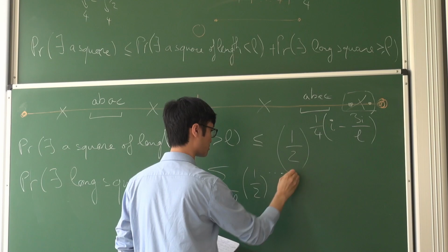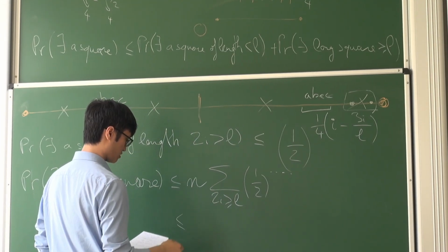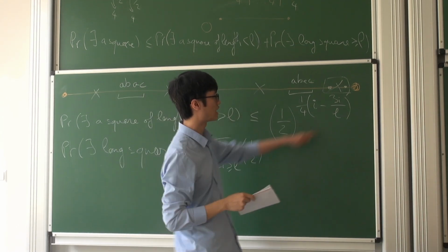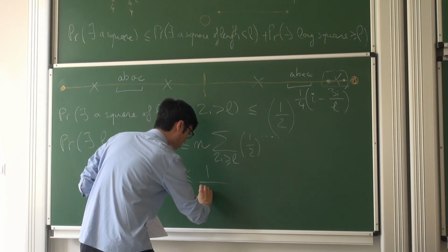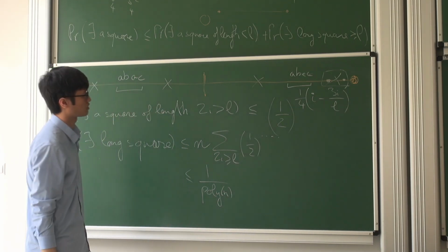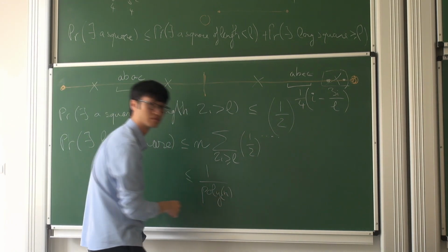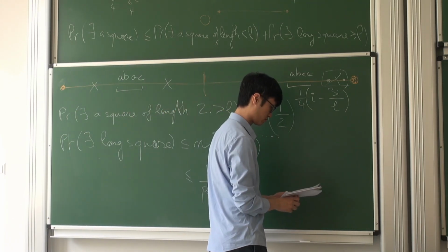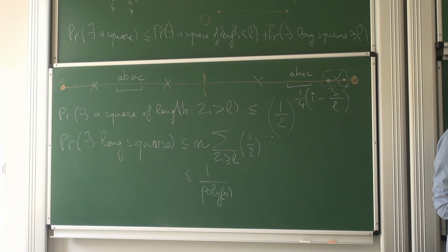So basically for a well-chosen L, which is some constant times log n, you get 1 over poly n. And again, you want this to depend on your constant C here, but everything is in the choice of L. Okay. And that's it actually.